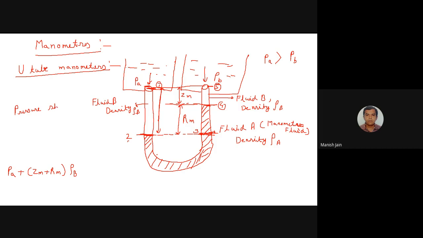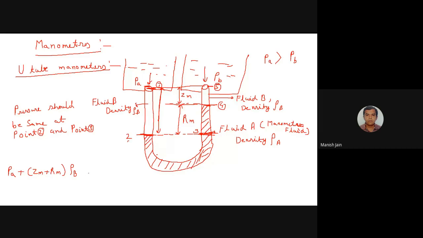Pressure should be the same at point 2 and point 3, because here you have the same fluid at the same elevation.